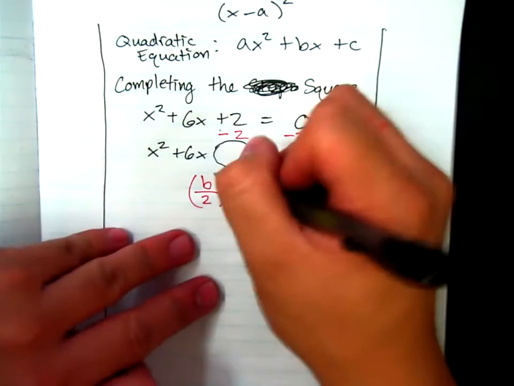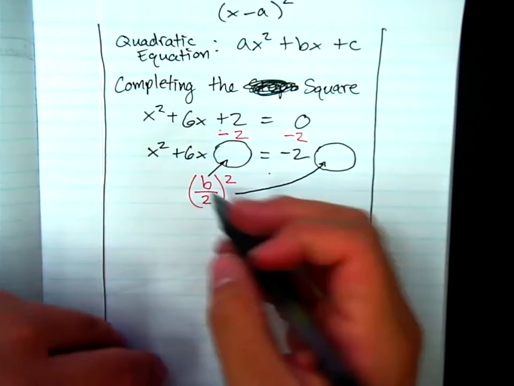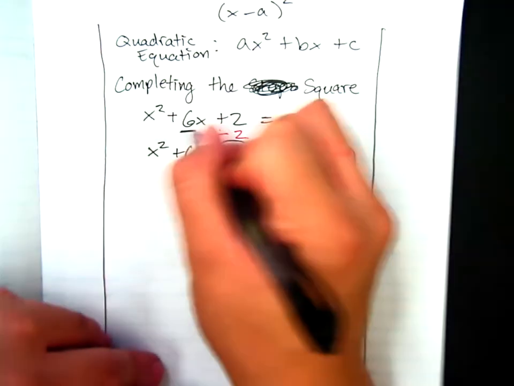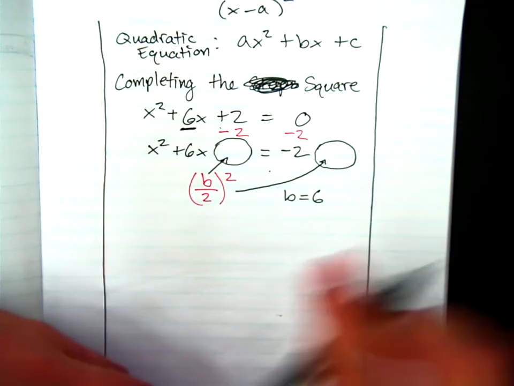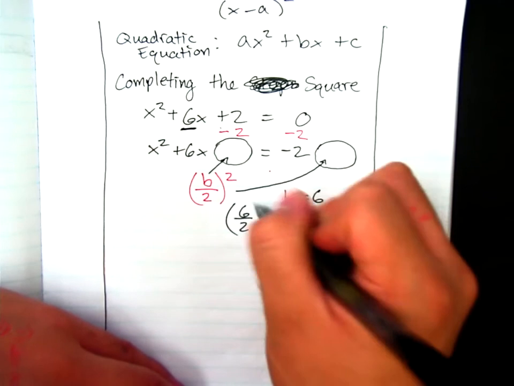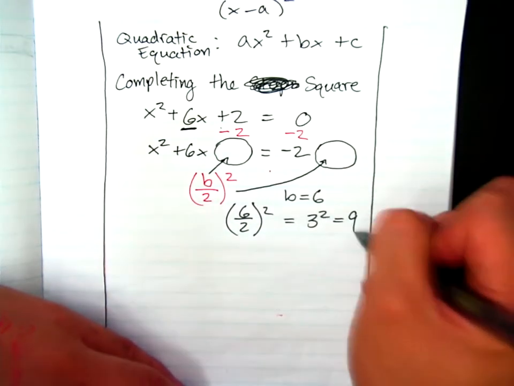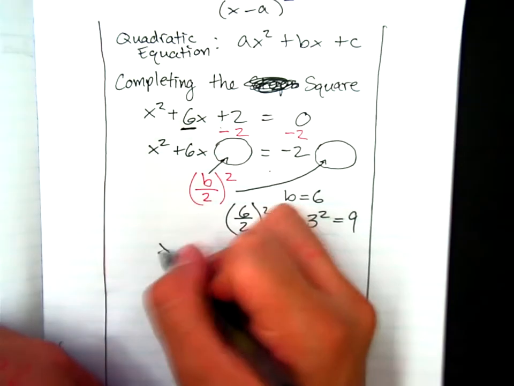This thing is going to have to go into both of my empty circles right here. And in this case, b is equal to 6. Okay? So there's 6 right there. Knowing this, let's go ahead and do that. So b over 2 squared is going to be 6 over 2 squared. That's 3 squared. 3 squared is 9. I'm going to add 9 to both sides of my equation here.